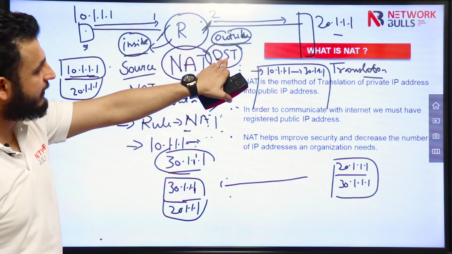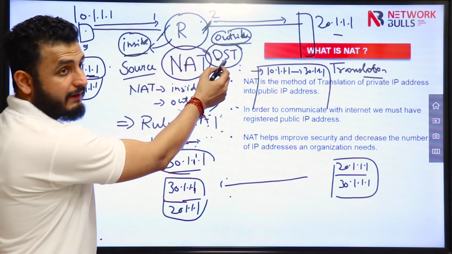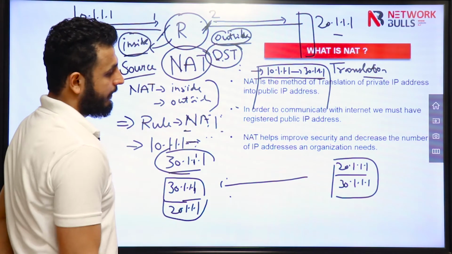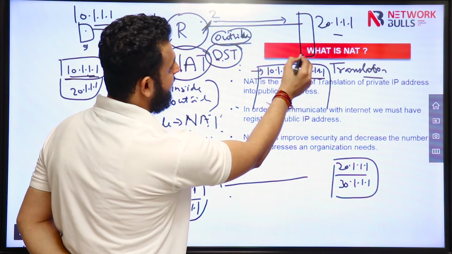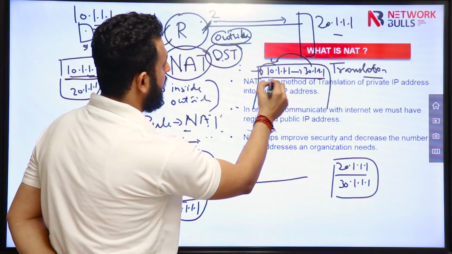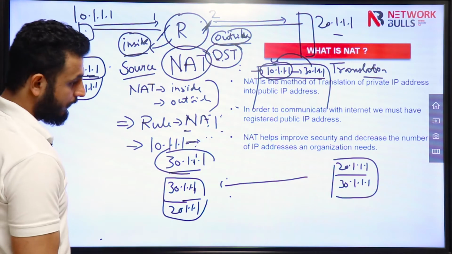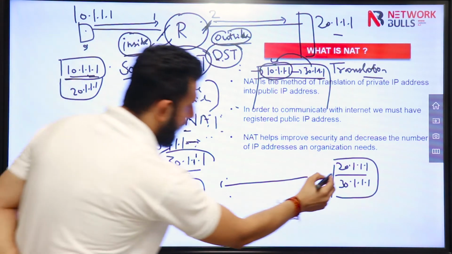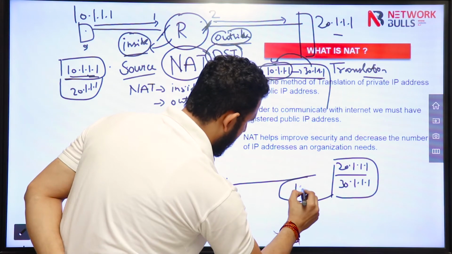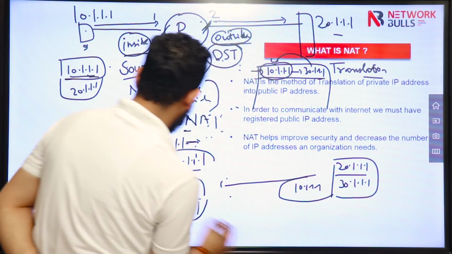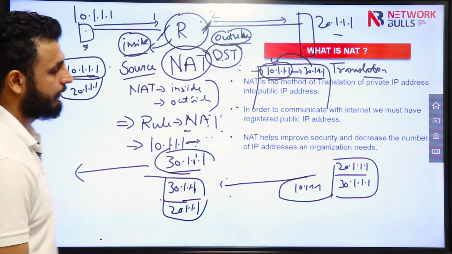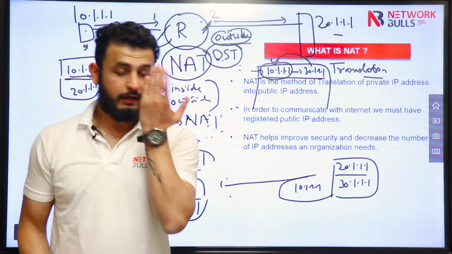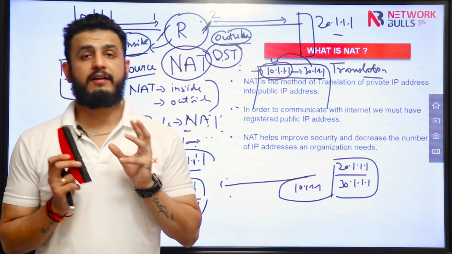For translating the destination, the router will check this translation table, that yes, I know I have to translate 30.1.1.1 into 10.1.1.1. This way the router will translate 30.1.1.1 into 10.1.1.1 and the traffic will be forwarded to the user. So let me conclude: whenever a user sends the traffic, the router will receive the traffic.